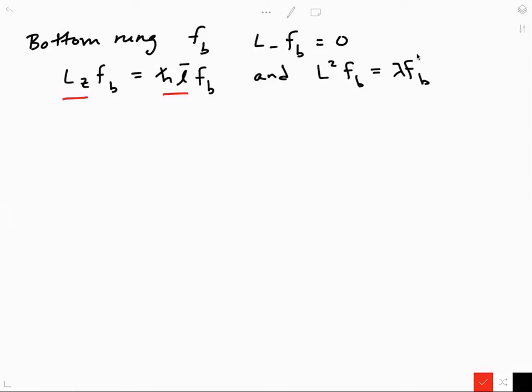And then for our angular momentum squared, we get that same old lambda eigenvalue from this eigenfunction. In a similar way to how we did the top rung, we can figure out that our eigenvalue for the angular momentum squared should equal h bar squared L bar times the quantity L bar minus 1.